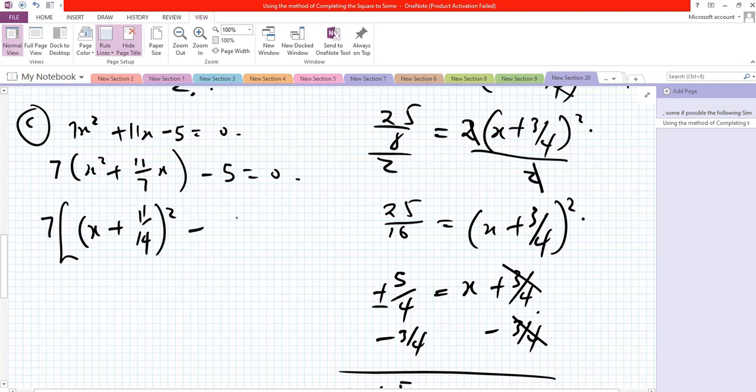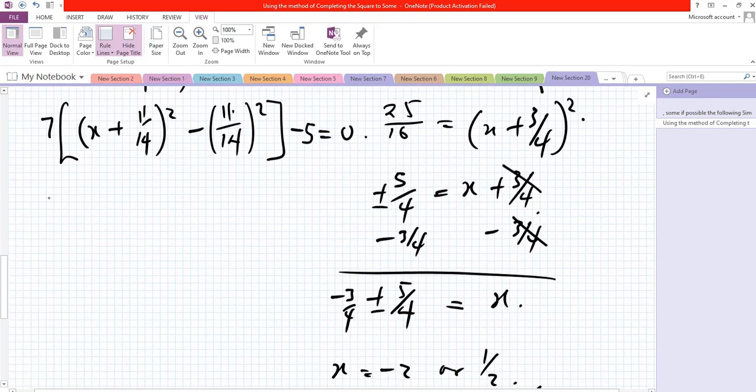Now minus the square of half of the coefficient of x. So half of the coefficient of x is 11 over 7 divided by 2, which is 11 over 14 all squared. This is a complete square now. Minus 5 equal to 0.